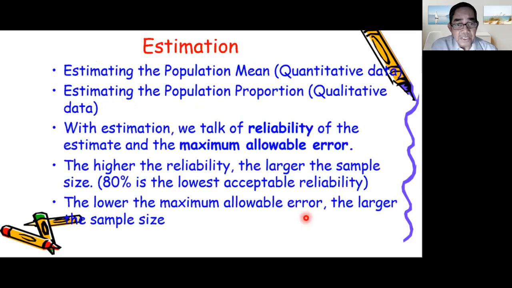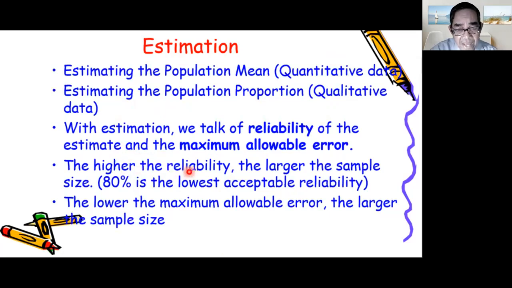Now, for estimation, we have estimation of the population mean for quantitative data. We also have estimation of the population proportion for qualitative data. And with estimation, we talk of reliability of the estimate and the maximum allowable error.